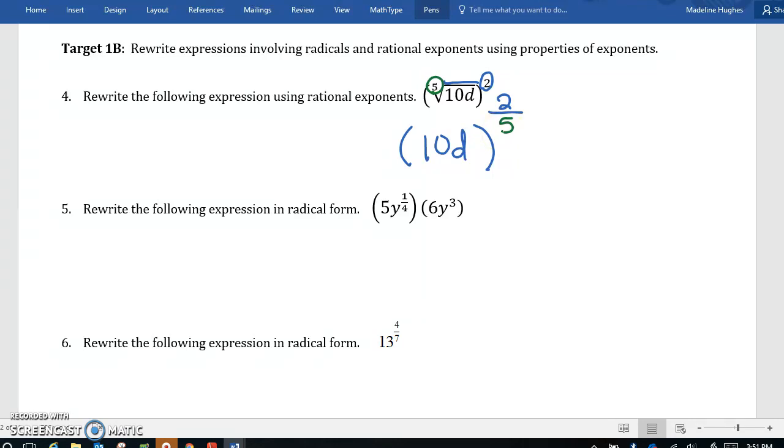Number 5 is very similar, except we need to combine. We need to multiply these first. So just like we saw in number 3, we're going to multiply the coefficients first. So 5 times 6, which is 30. And then, since we have y's as our bases, those exponents of the y we add.